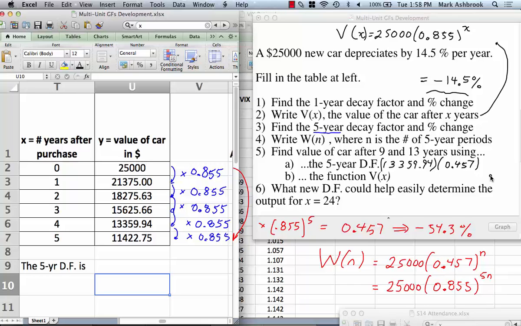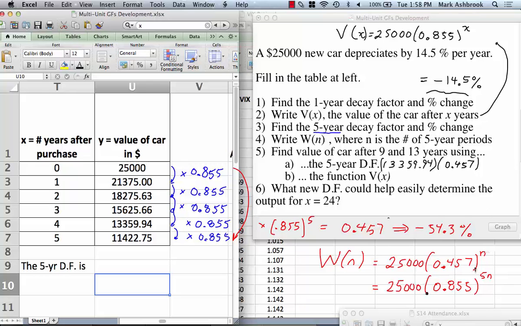Okay, so now I want you to take a moment and think about how you can use, in the same way, the 5-year decay factor to find the value of the car at 13 years. See if you can do it.